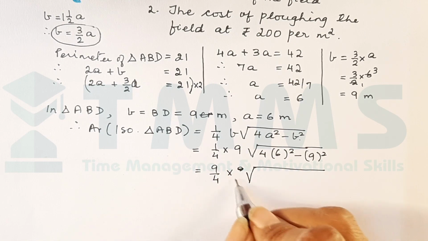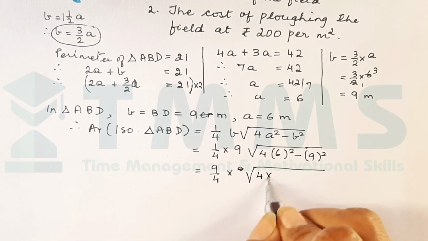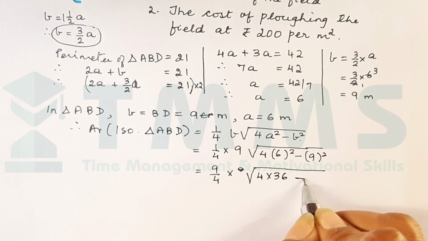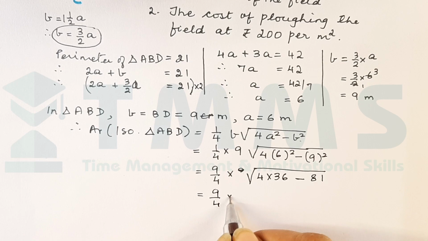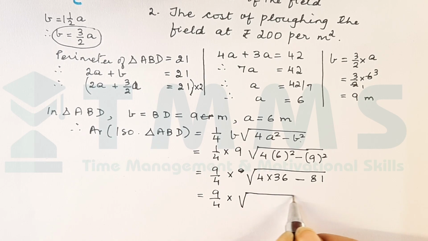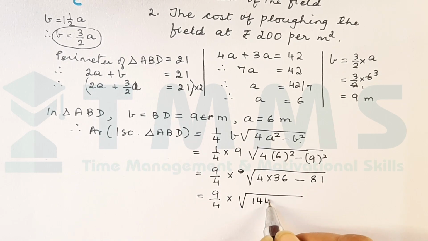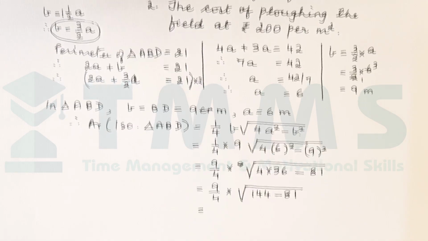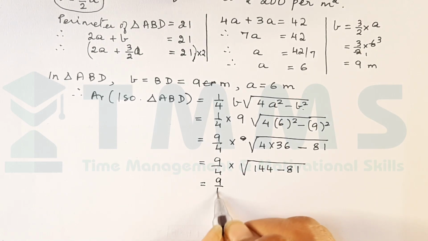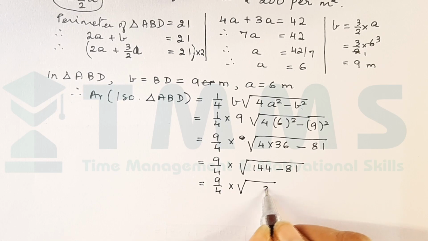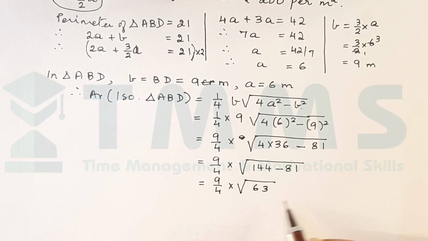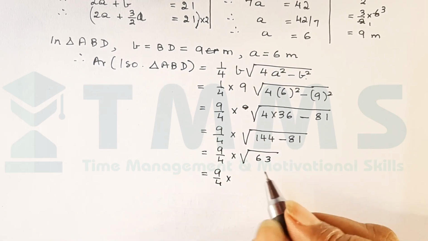So we write 9/4 into under root 4 into 36 minus 81. So that gives us 9/4 multiplied by under root 144 minus 81. So we now write 9/4 multiplied by under root 63.